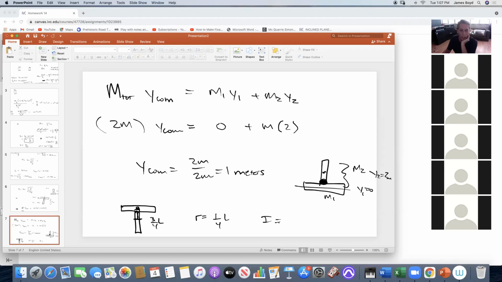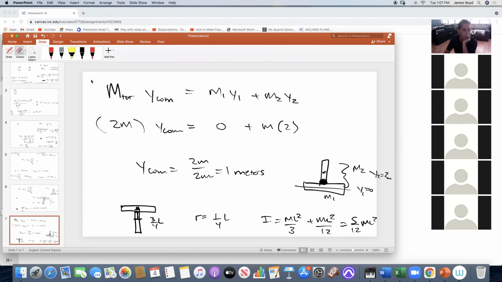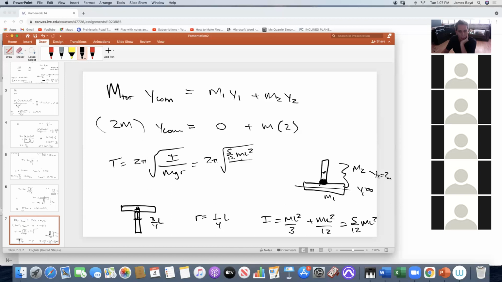I is the moment of inertia of the first rod about one end plus the moment of inertia of the second rod about its center. 4 over 4 is 4/12, so this is 5/12 ml squared, and R is 1/4. So our period T is 2 pi I over mg little r, which is 2 pi 5/12 ml squared over mg L to the 4th.